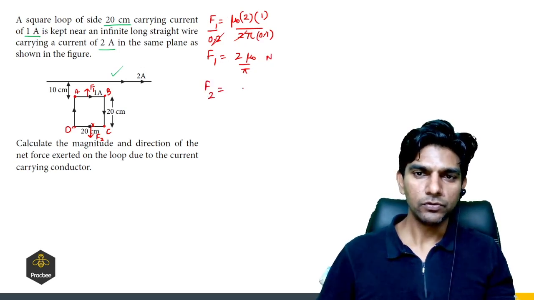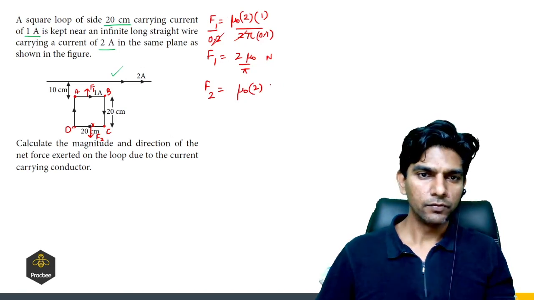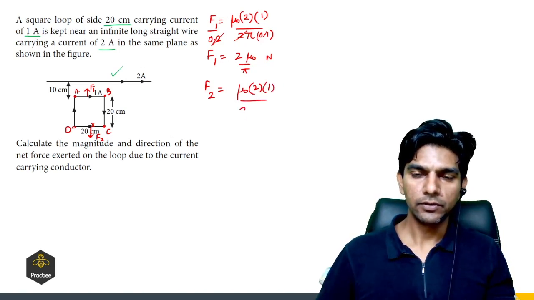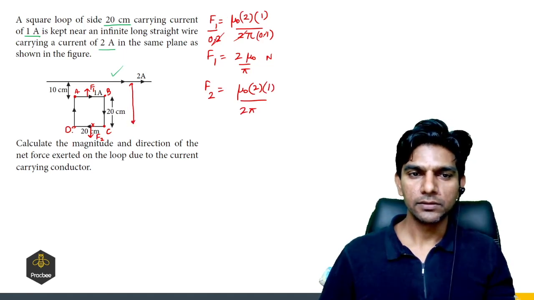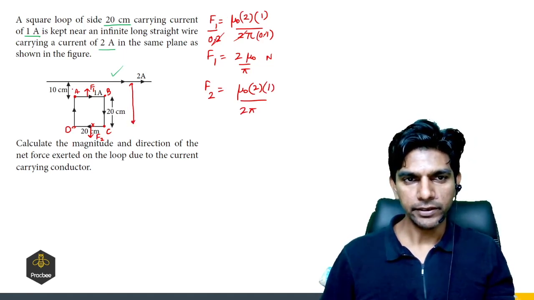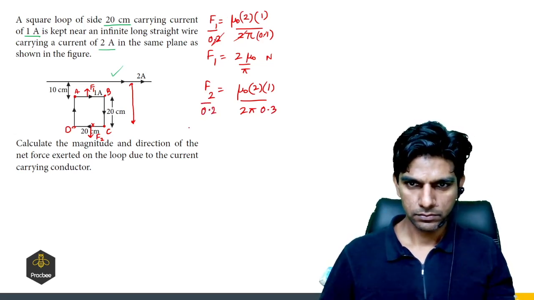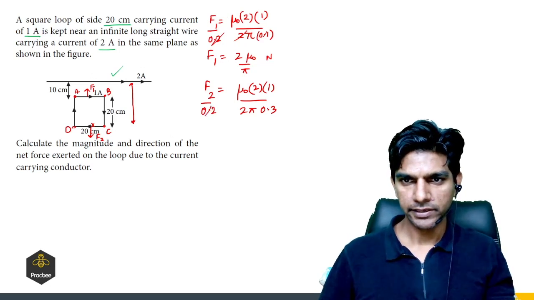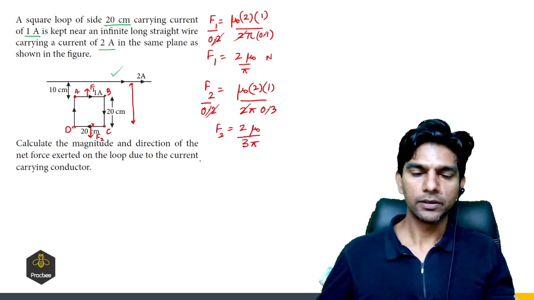Similarly, we can find F2, so that will be mu naught times 2 times 1 divided by 2 pi D. Now the distance between the infinite wire and section DC will be 20 plus 10, so 0.3 per unit length, which is 0.2. So this decimal we can cancel, 2 will get cancelled. So F2 will be 2 mu naught upon 3 pi.